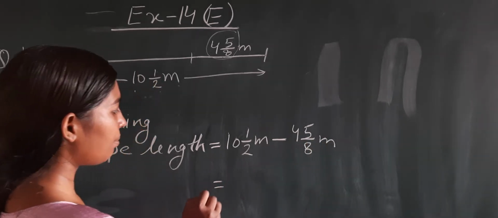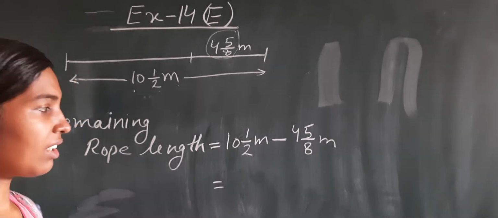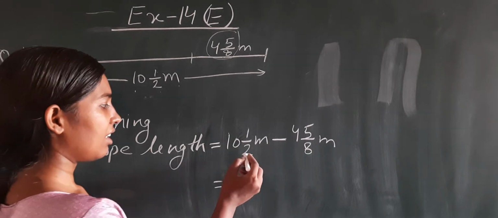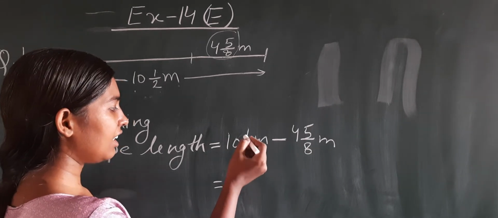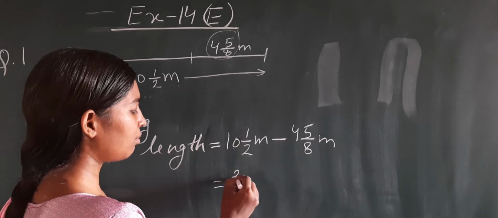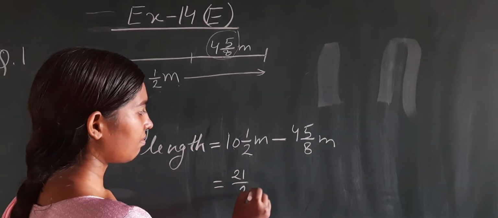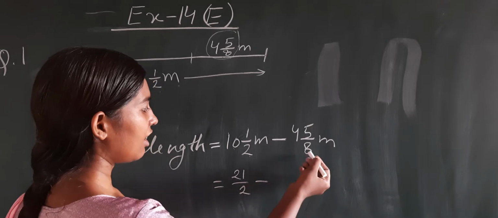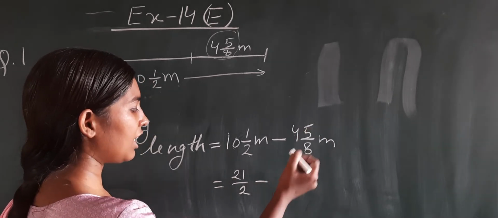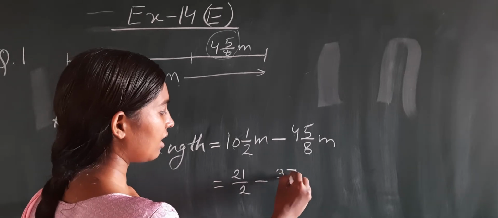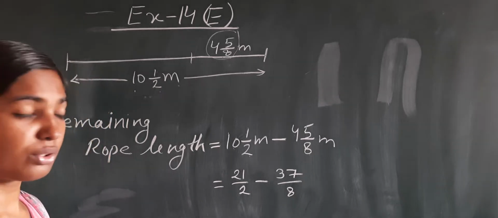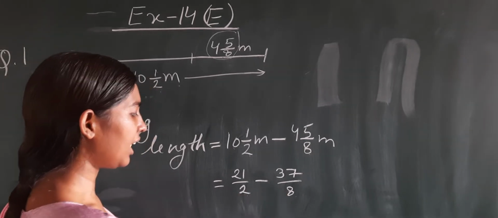Simple. First convert these into improper fractions. 2 tens are 20, 20 plus 1, 21 by 2, minus 4 eights are 32, 32 plus 5, 37 by 8.